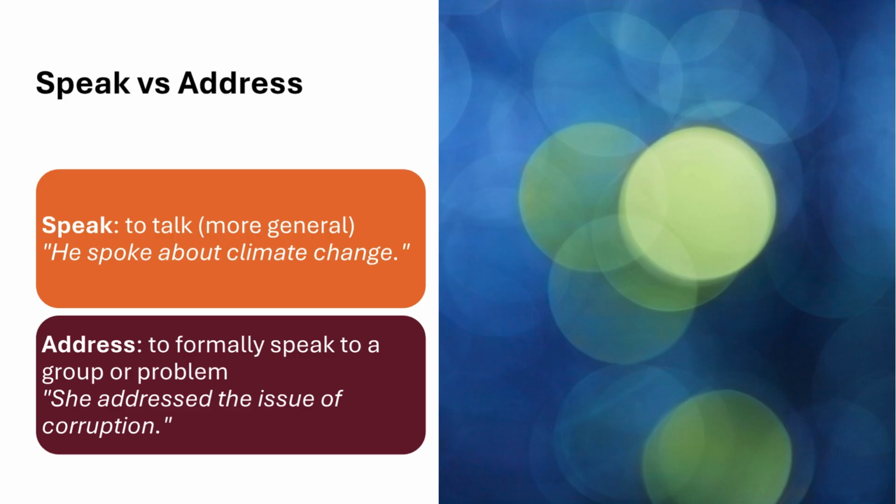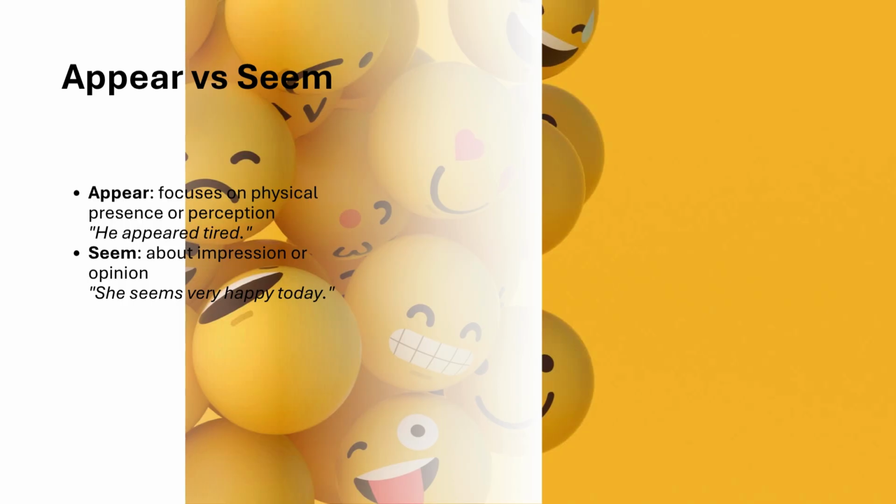And our next pair of verbs is appear versus seem. Appear focuses on physical presence or perception, in which we mainly look at the physical appearance. For example, he appeared tired. Whereas seem we use for impression or opinion.